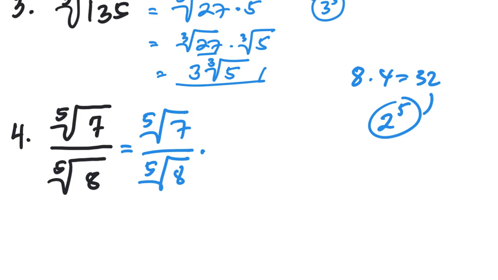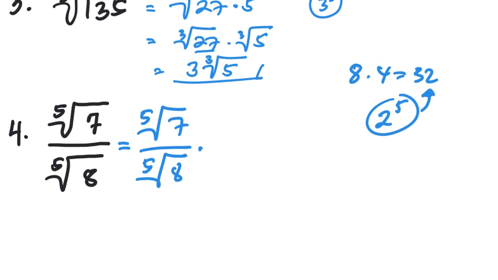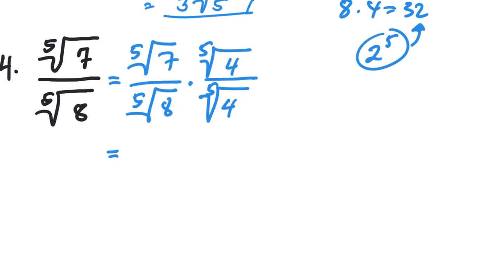So 2 raised to 5 is the same as 32. So I'm going to multiply by the fifth root of 4 in here, and I'll do the same thing on the numerator. This is now going to give me a perfect fifth on the denominator.